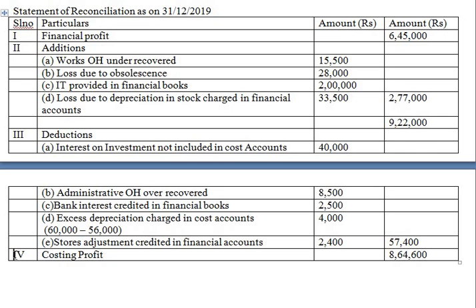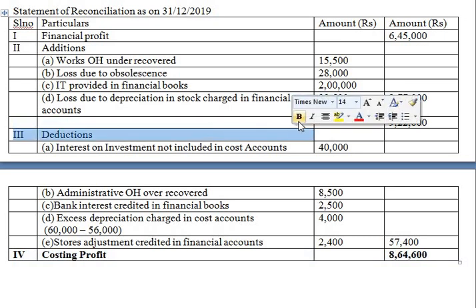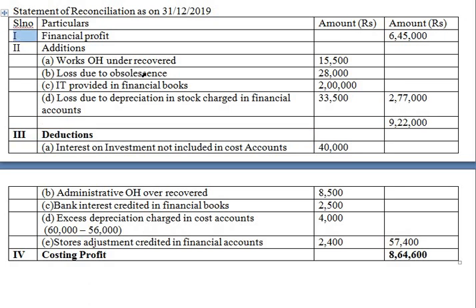Hope everybody has understood this problem. It is very simple, you just need to know which transactions will be recorded in the financial accounts as well as in the cost accounts, so that you can easily prepare the worksheet, and accordingly we can prepare the reconciliation statement.